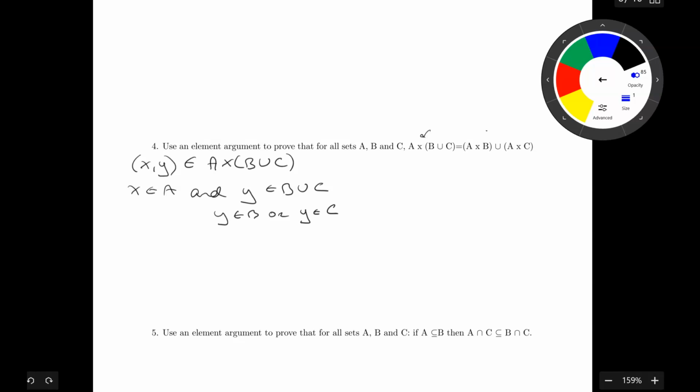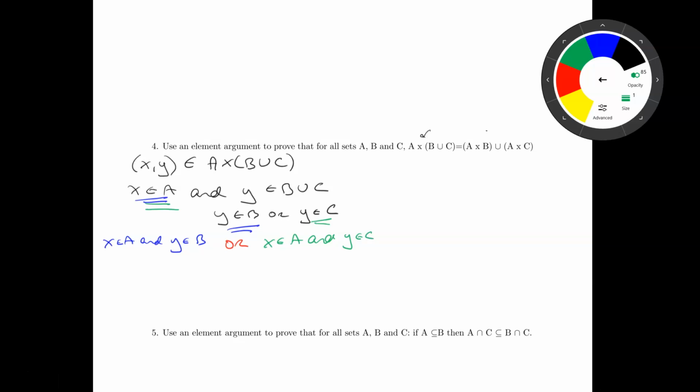Now I'm going to separate this. I could have x is in A and y is in B, or x is in A and y is in C. So I think you can see that x, y is in A cross B, or x, y is in A cross C. Do I have it?